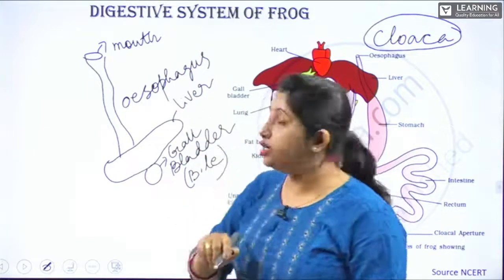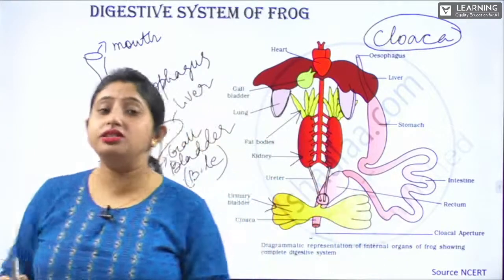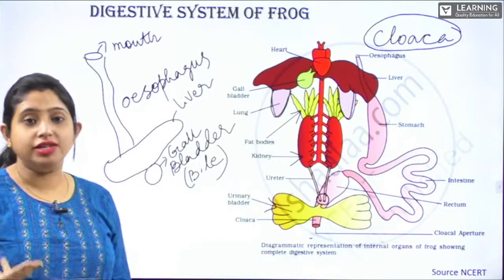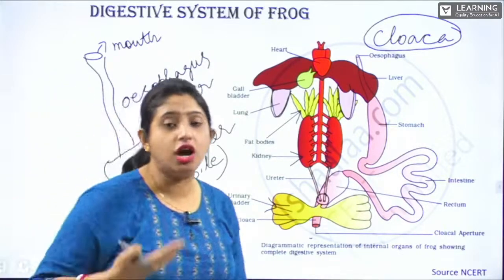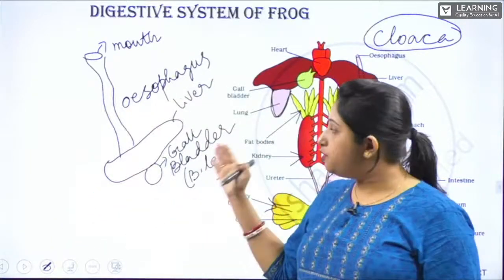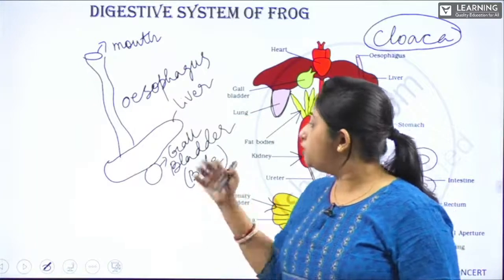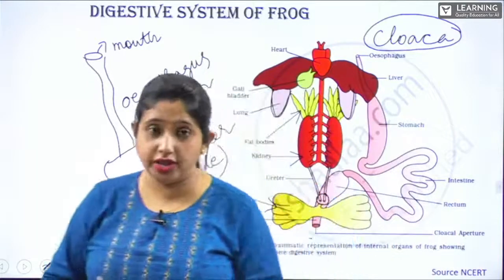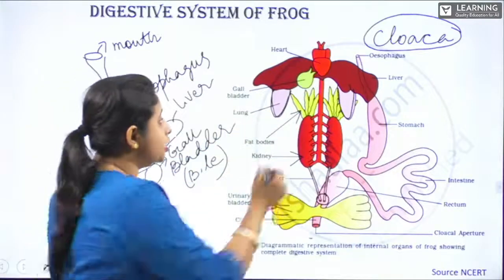The liver and the pancreas are the two glands which are responsible for the process of digestion. The bile is secreted from the gallbladder, and they also have a pancreas, somewhere here.